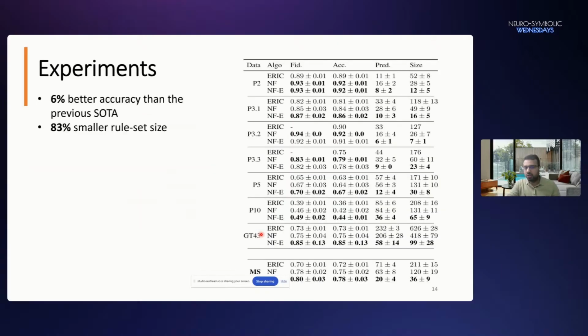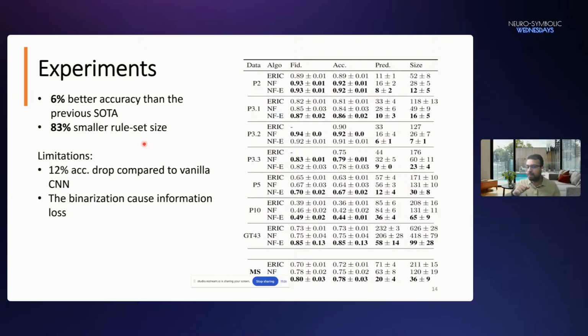Nice. So we ran experiments on a bunch of image classification data sets, and what we found out was that we get 6% better accuracy than the previous state of the art, which was based on a decision tree implementation. And we get an 83% smaller rule set size, which means we can get better interpretability because there are not too many rules to look at and understand.